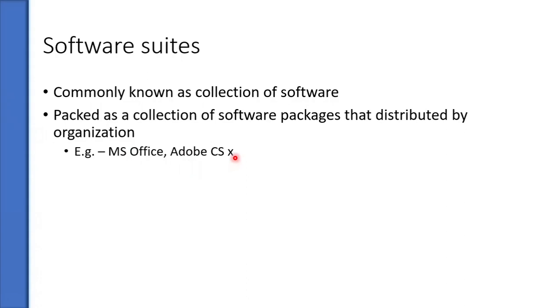It installs Photoshop, Illustrator, and a lot more. In the same way, Office ships with a set of software utilities: Microsoft Word, Microsoft PowerPoint, Microsoft Excel, and so on. So you may realize a software suite is a collection of softwares. It's packed not as a single software, but as a collection. Some companies deliver like that.